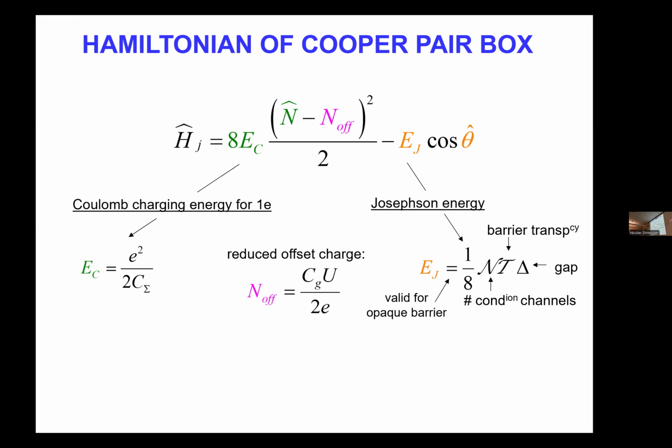And here, instead of a charge, you have a flux. So this is the dual. So basically, you can think of a phase-slip element in series with a capacitance as a sort of dual of the Cooper pair box, where you have an ordinary Josephson element and just a charging capacitance.